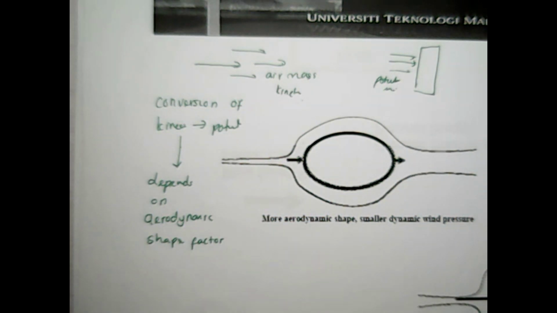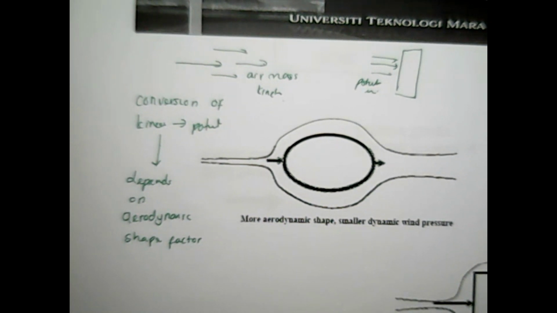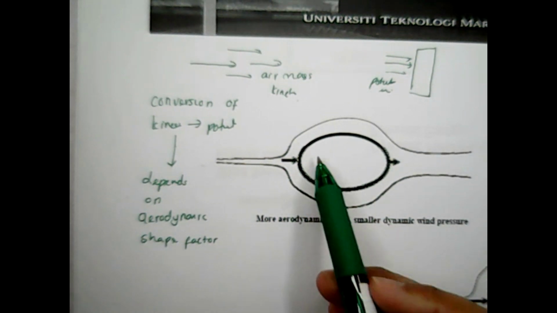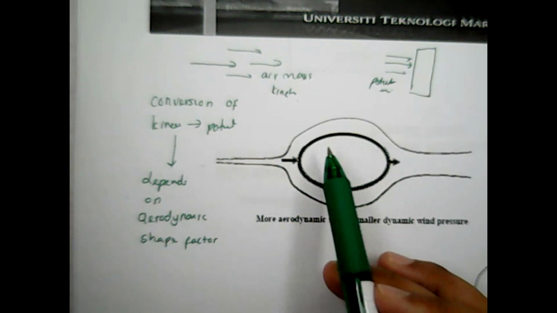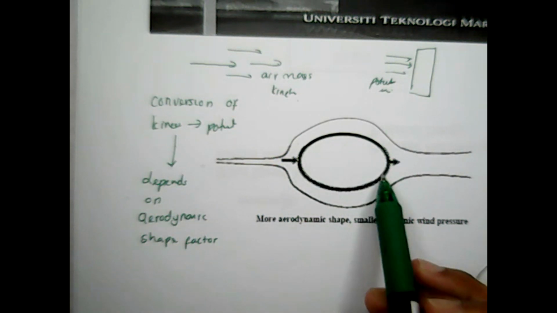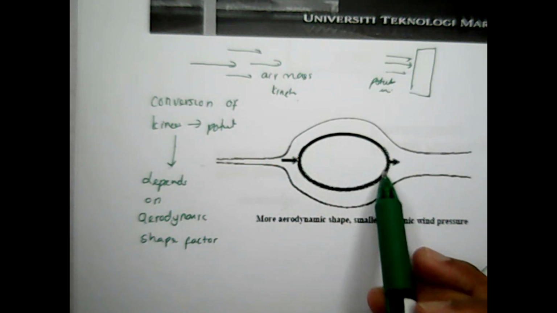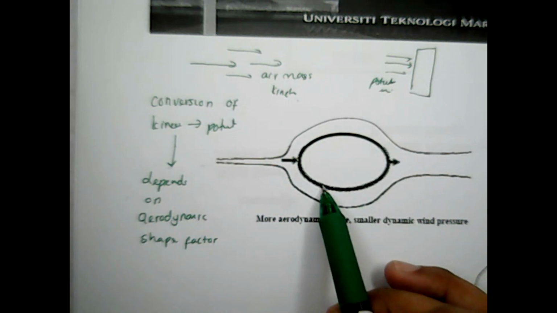So the more aerodynamic the structure is, the less the energy conversion, and thus the smaller the dynamic pressure on the structure. This is a good aerodynamic shape factor.